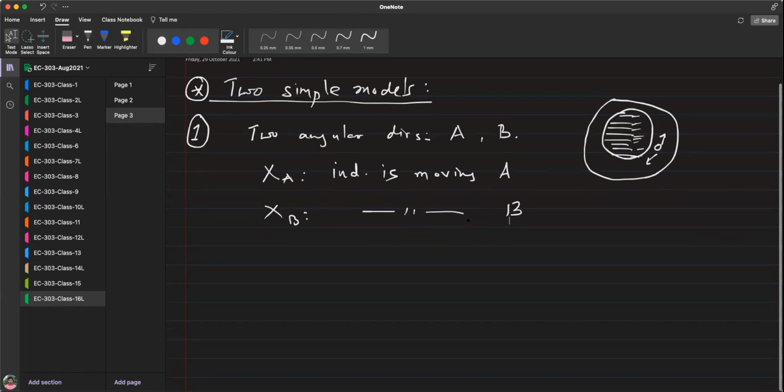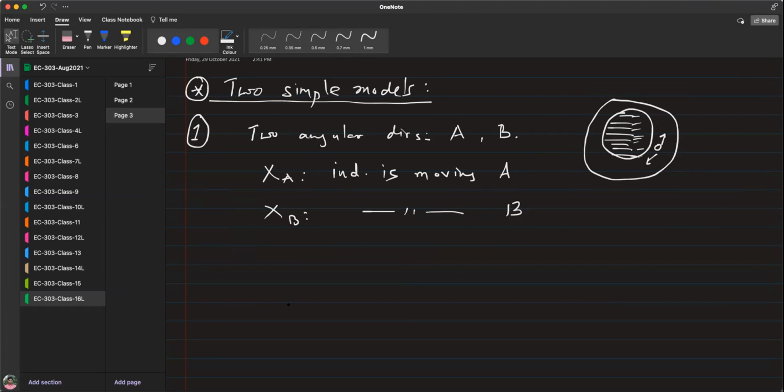Now, let's say you want to model the behavior studied in that example using an even simpler model than what we checked. What is simple about this? There are only two directions to move, A and B, and we are only interested in that quantity phi, which measures whether the individuals are moving in A or B.